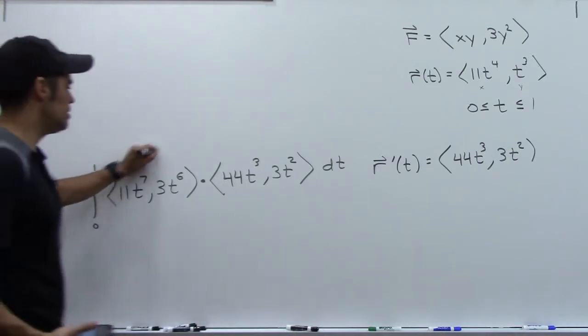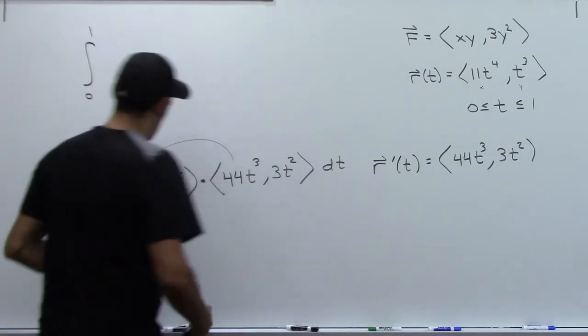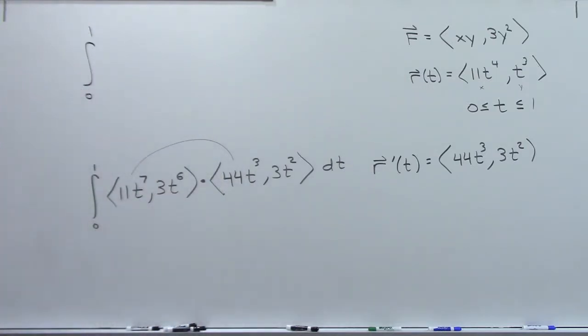So I'm going to multiply these two together. And remember, with dot products, you're just adding. You add after you multiply the components. You add these things together.